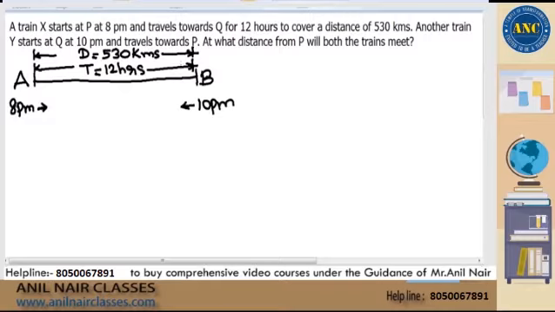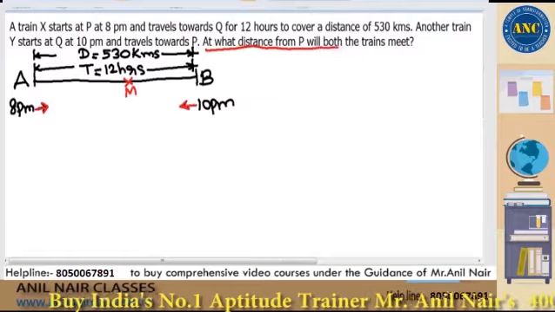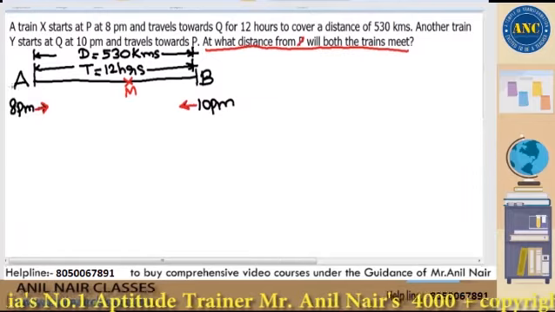Your question is, this train is traveling in this direction. This is traveling in the opposite direction. At some point when they are coming on opposite or different tracks, they will meet. That meeting point I will call M. Your question is, at what distance from A? Instead of P, I am putting it as A here.